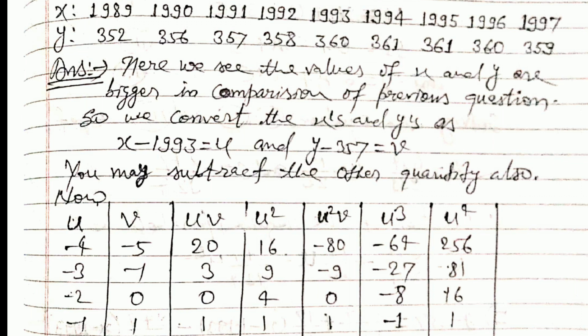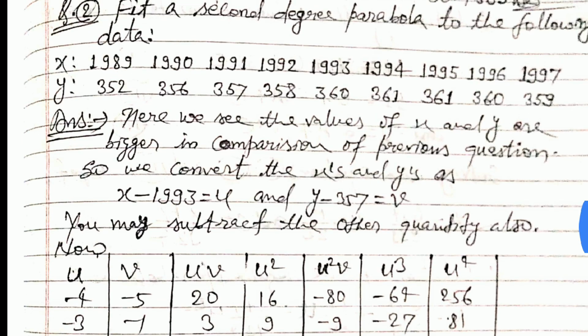We use x minus 1993 is equal to u and y minus 357 is equal to v. There is no particular condition for using 1993 and 357; you may use two different values as you wish.